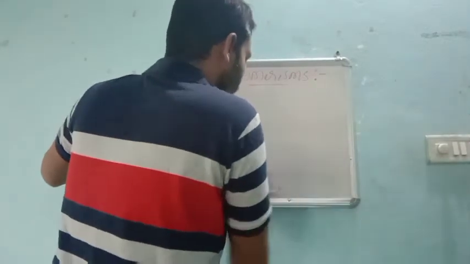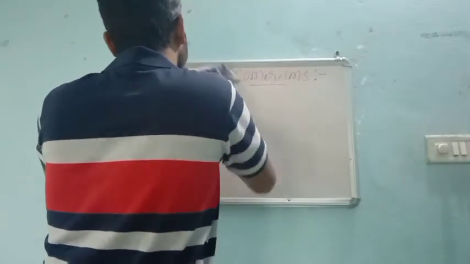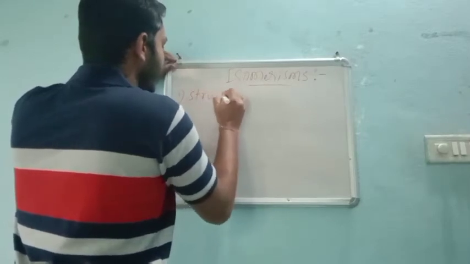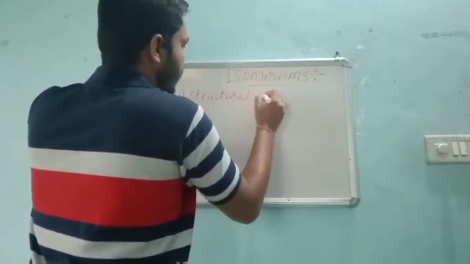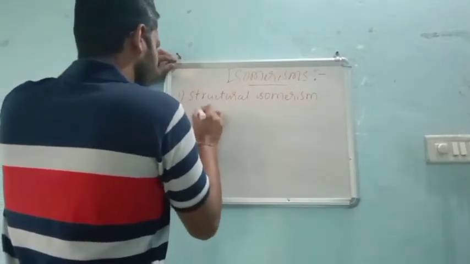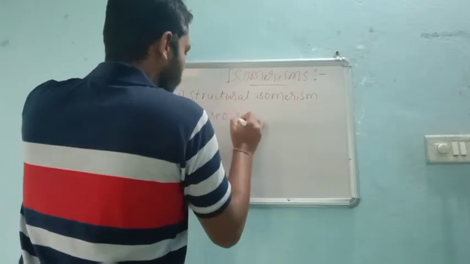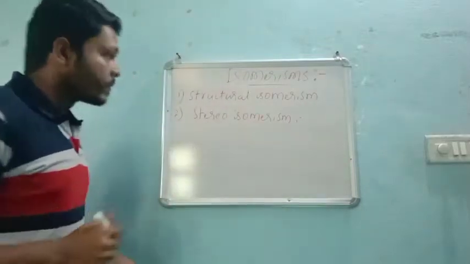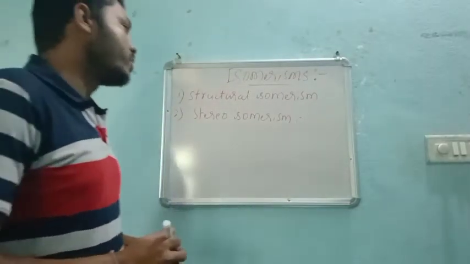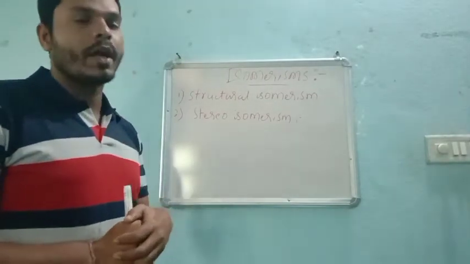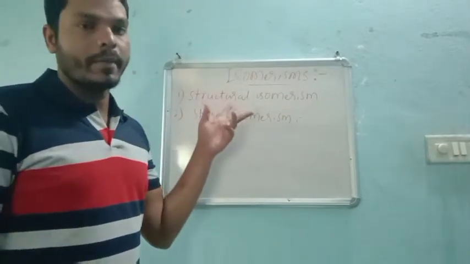Next, moving on to the classification of isomerism. Isomerisms are basically classified into two types: number one, structural isomerism, and number two, stereoisomerism. After having the definition of isomerism, we are moving towards the classification.